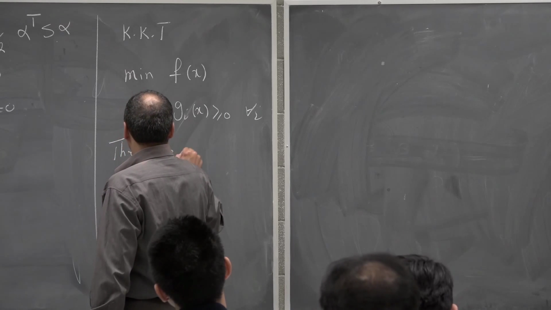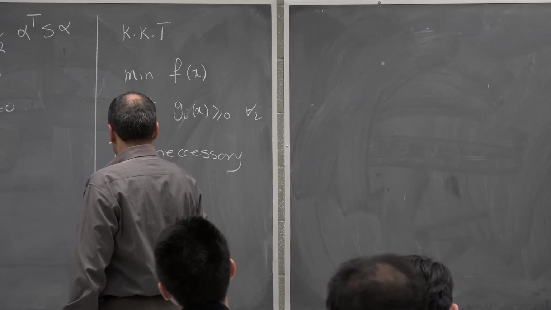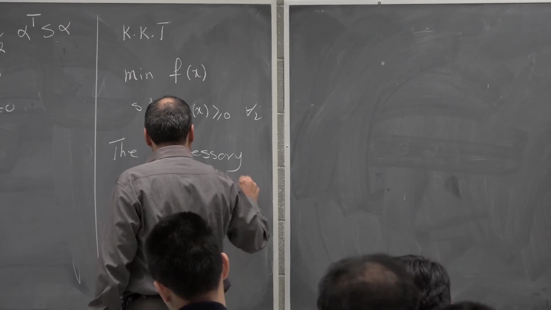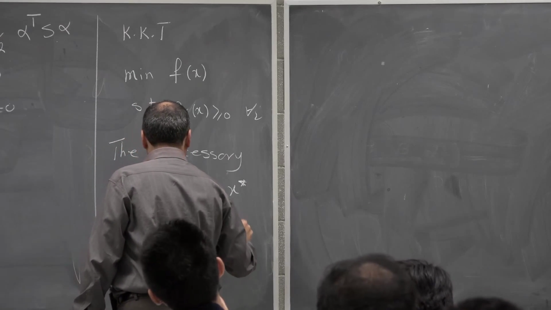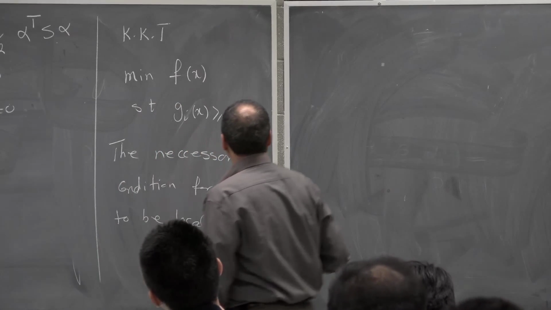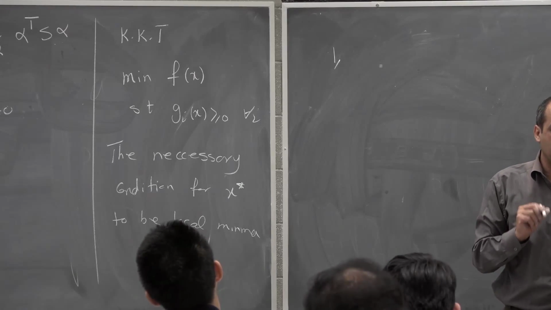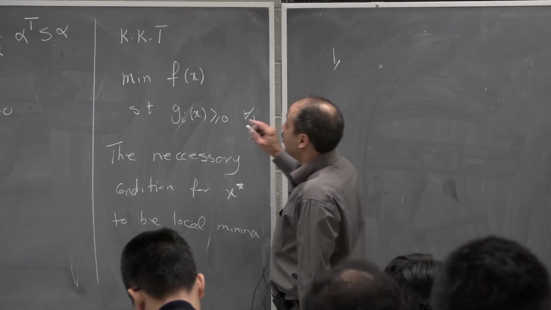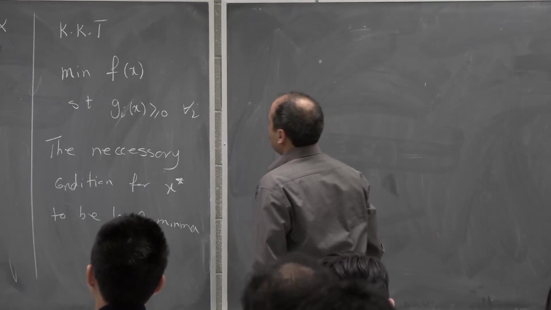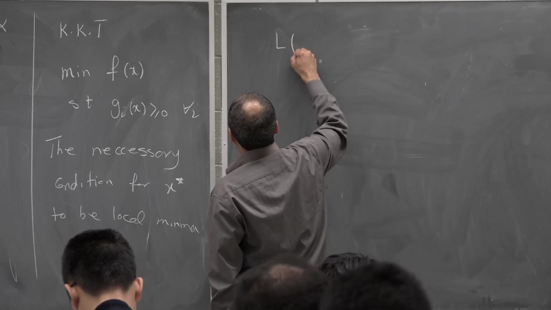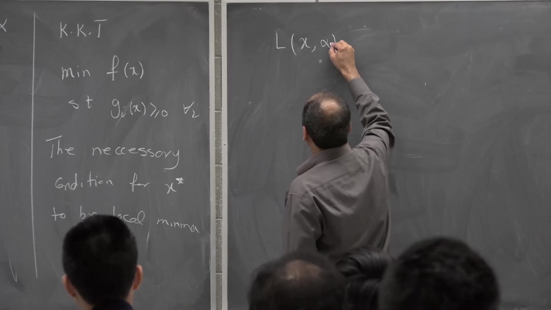then there are 4 necessary conditions for a point x star to be a local minimum. One of them is this: assume that I form a Lagrangian in terms of my primal variable and some dual variable, alpha_i.